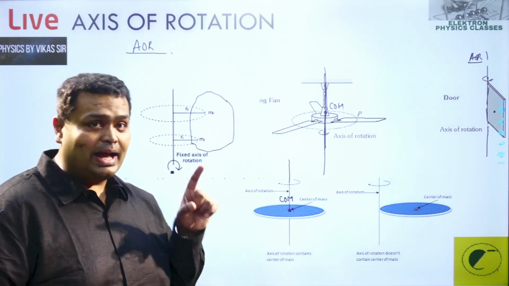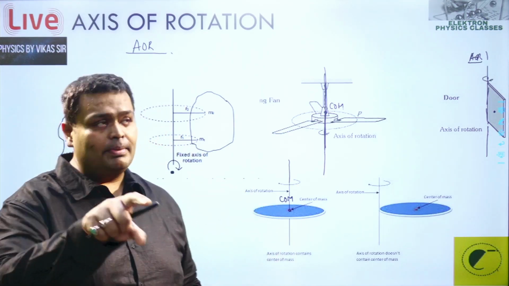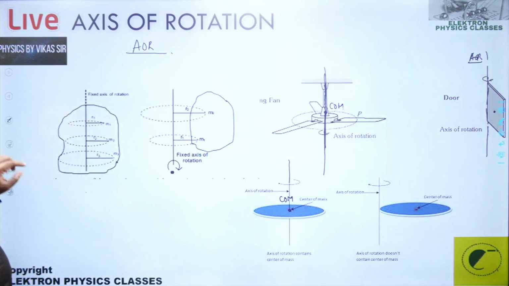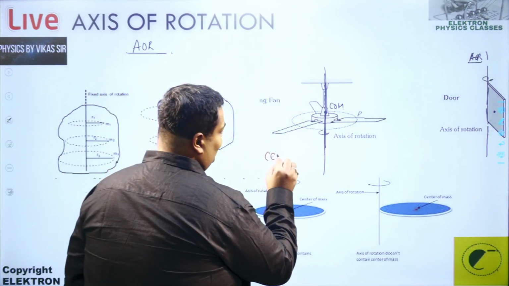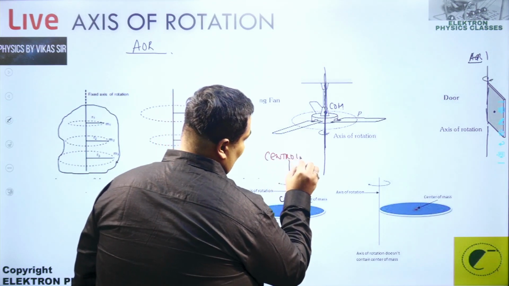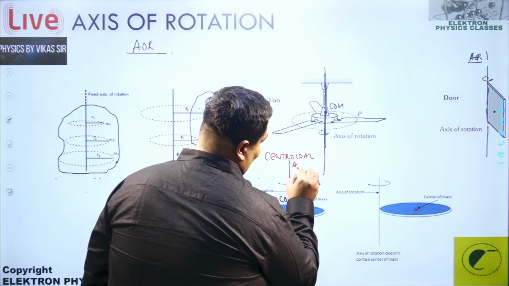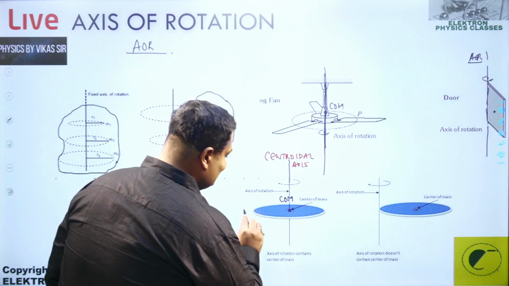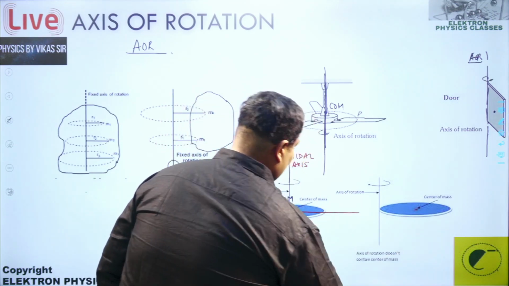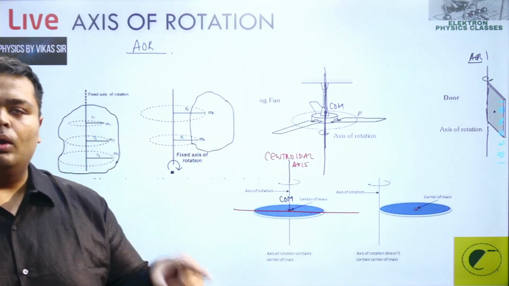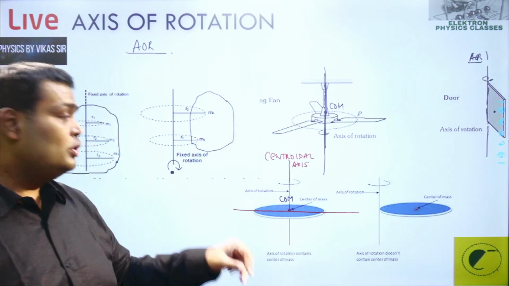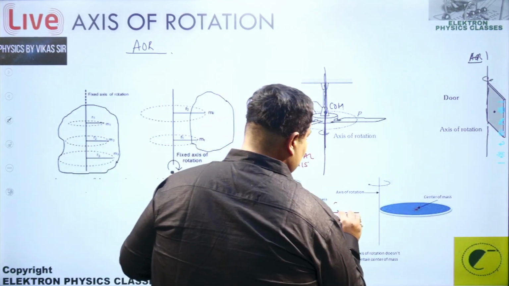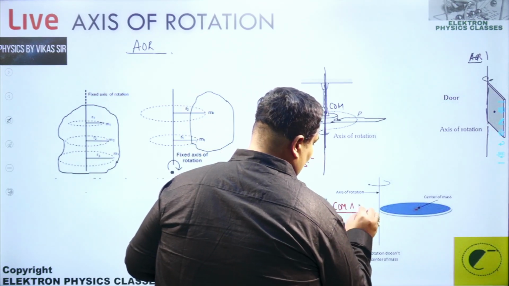Repeating again, an axis which is passing through the COM and perpendicular to the plane is defined as a centroidal axis. And there can be this axis also. What is this axis? This axis also passes through the center of mass but isn't perpendicular to the plane. Such an axis is known as a COM axis.